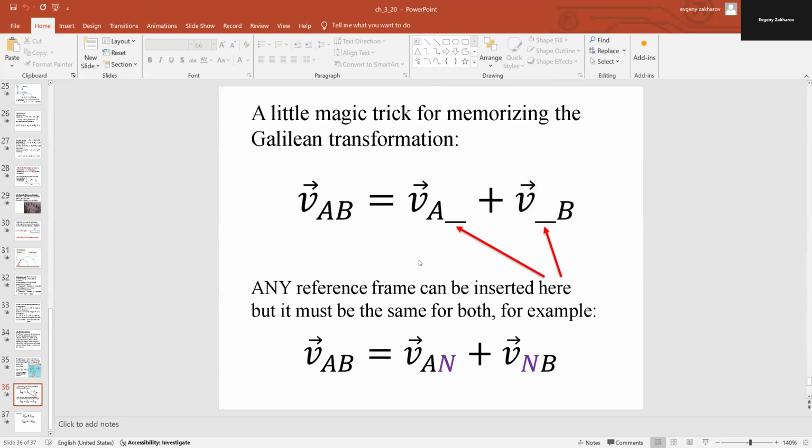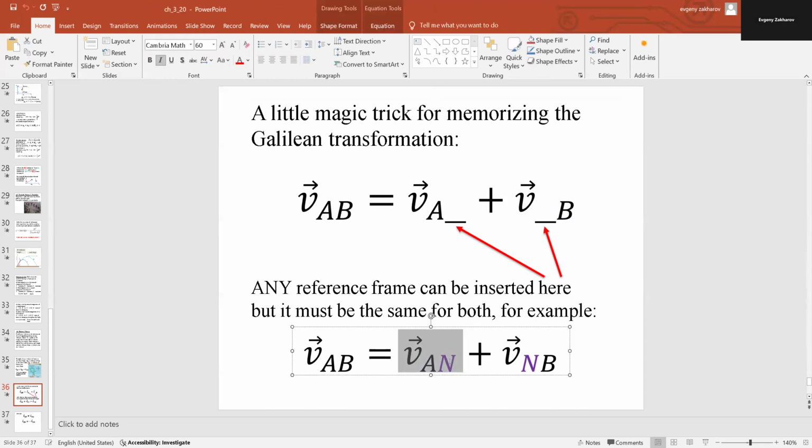So let's say you have whatever is the third object that you want to include in the Gaussian transformation, say N, object N, and N will fill in those two blanks.